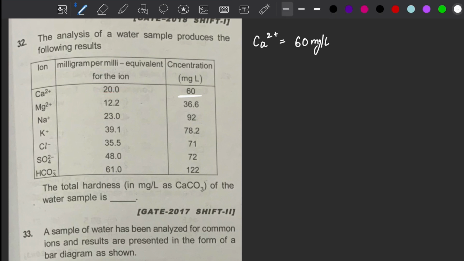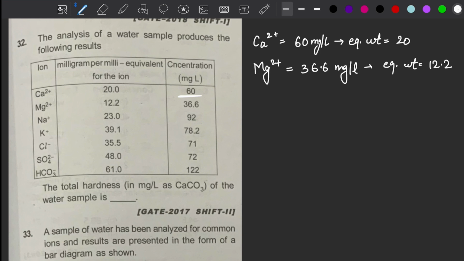So equivalent weight is equal to 20 milligram per milliequivalent of the ion. And for Mg2+, they have given concentration 36.6 milligram per liter and its equivalent weight is equal to 12.2.